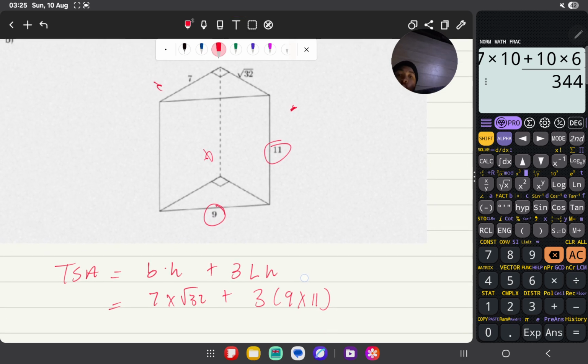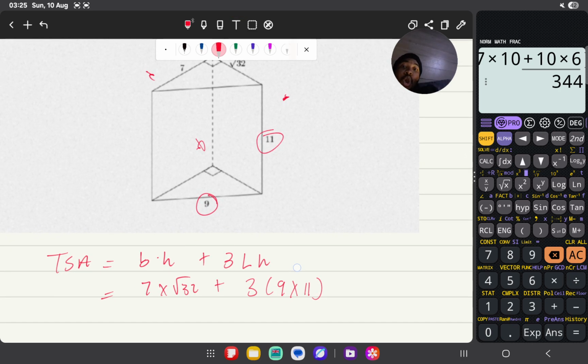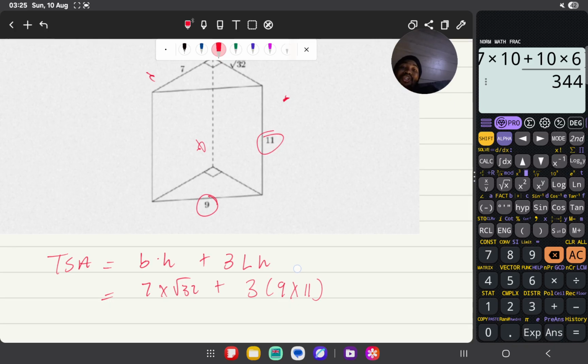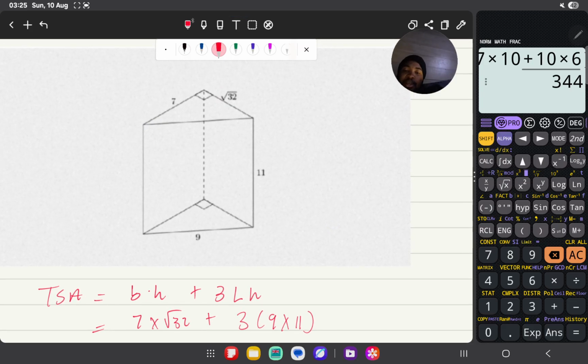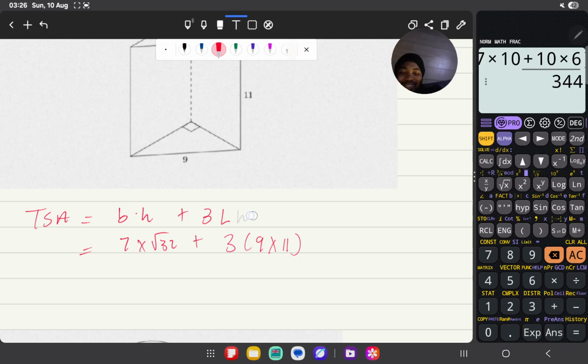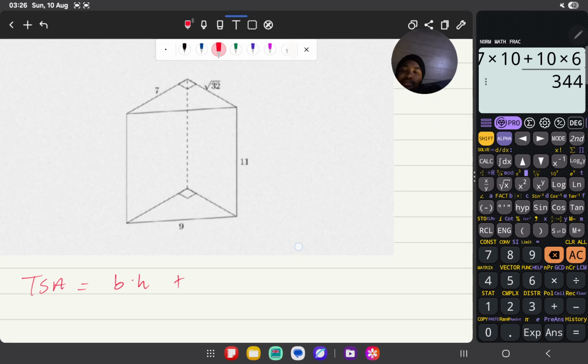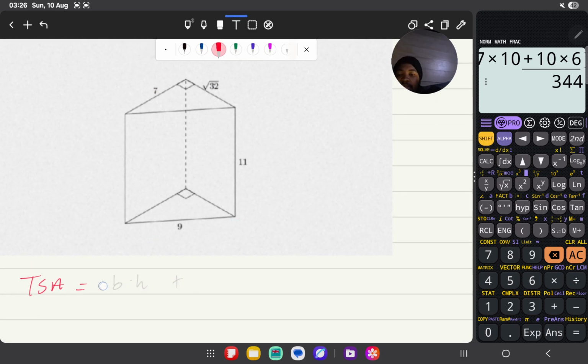Guys, wait a minute. So remember, I always say the nets help us. So from here to here it's 9, and therefore from here to here it's 9. So I'm going to have to erase this part, and that part. It's better if I write it without the formula.